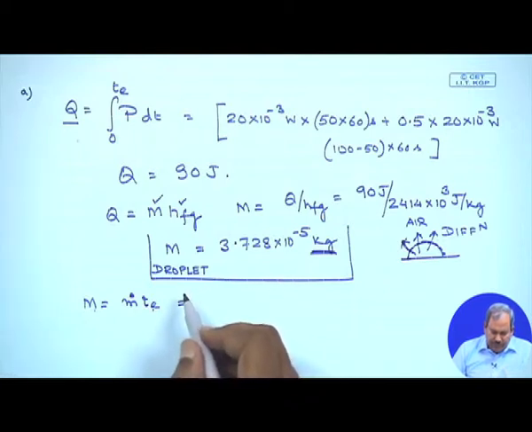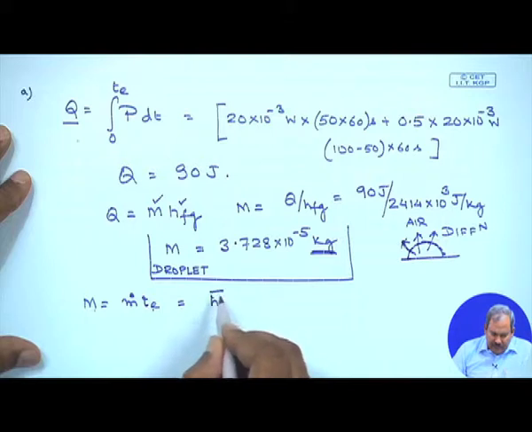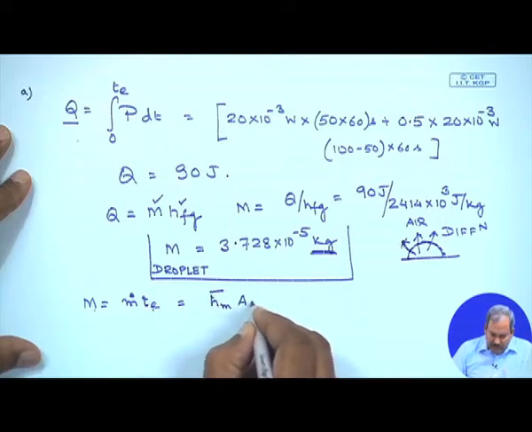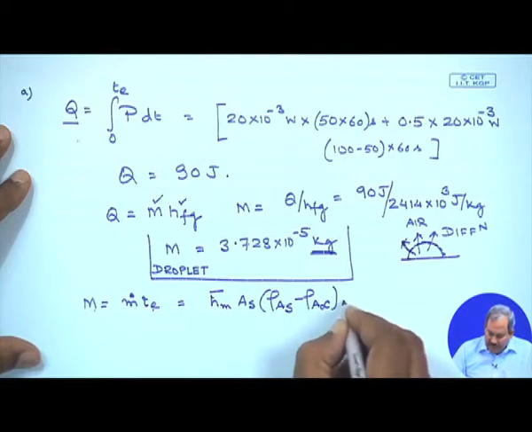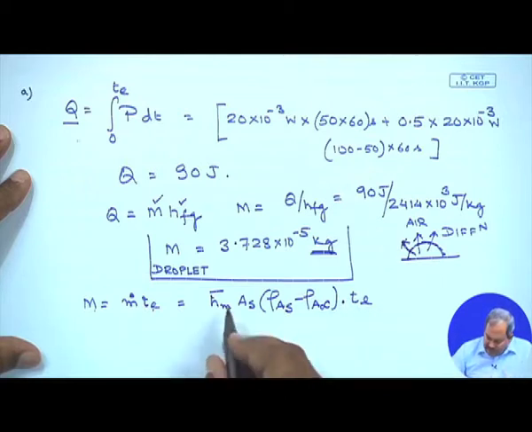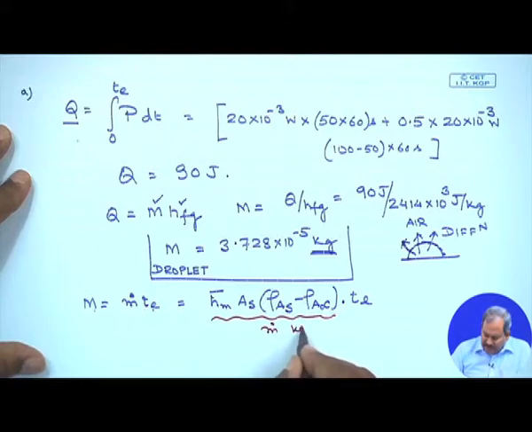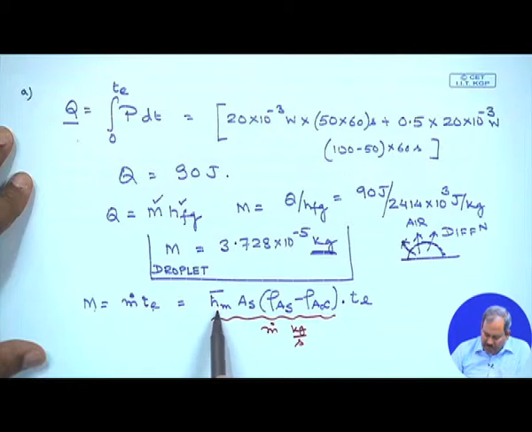And m dot times Te would simply equal h bar times A_s times rho_a at the surface minus rho_a at infinity, times Te. So, this entire part is the evaporative mass flow rate in kg per second, which is expressed as Hm, the convective mass transfer coefficient, the area, and the difference in concentration between the surface and at infinite distance, and Te is the total time of evaporation.